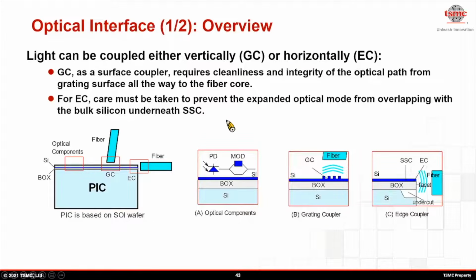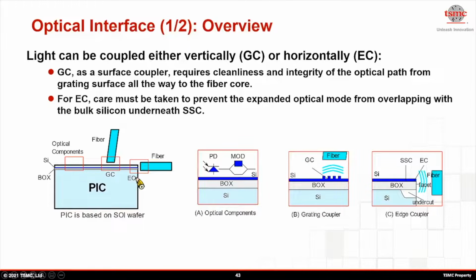This slide evaluates the optical interface of a photonic engine. Light can be coupled either vertically with a grating coupler or horizontally with an edge coupler.